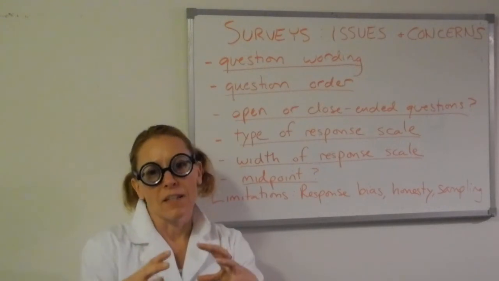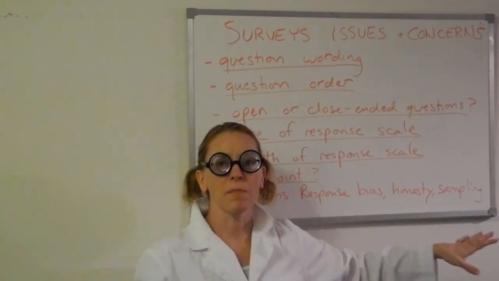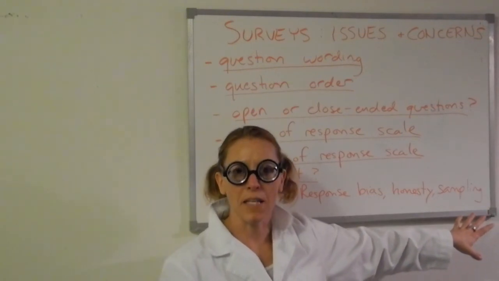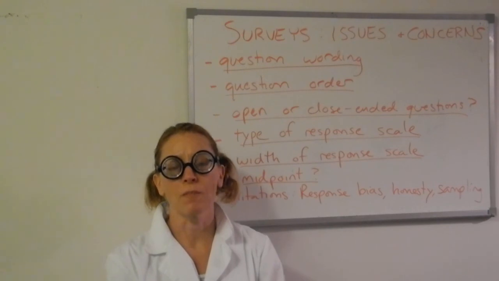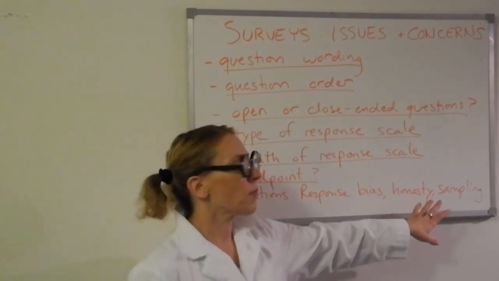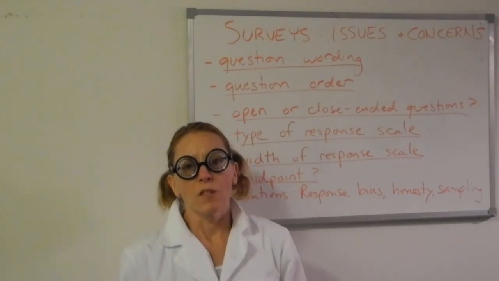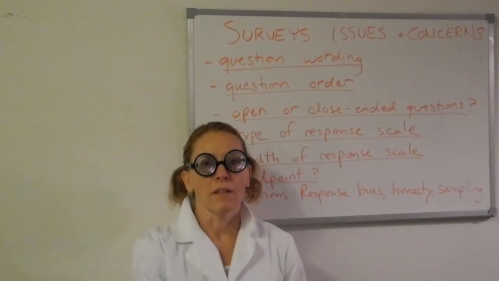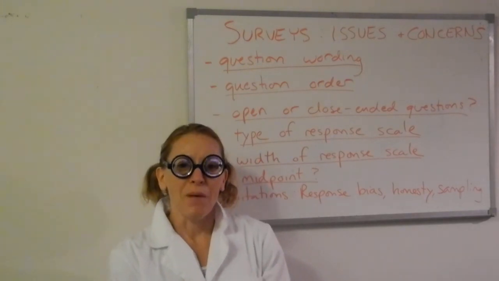Our ability to generalize is very limited, because we usually do not use random sampling, which is the best representative sample, where everyone has an equally likely chance of being selected. We rather use typically convenience sampling, which means whoever is available and ready and willing to do it. And then there are, of course, some selection bias things there.